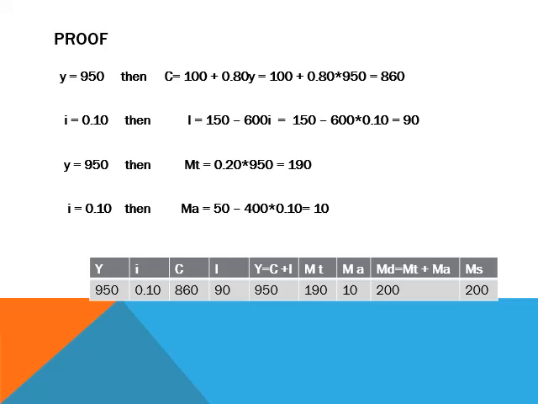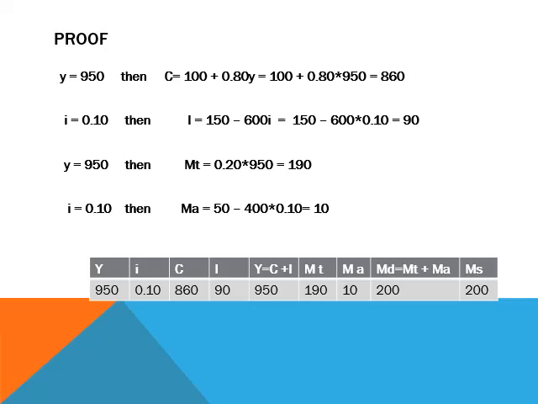So 0.20 y, it was 0.20 y, of course, 950. So MT equals 190.